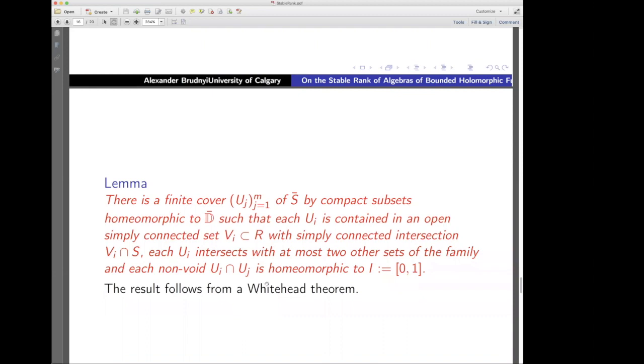In this case, Whitehead's theorem for the Riemann surface closure of S says that there is some one-dimensional complex inside S bar and a good deformation retract of S bar onto this subcomplex.